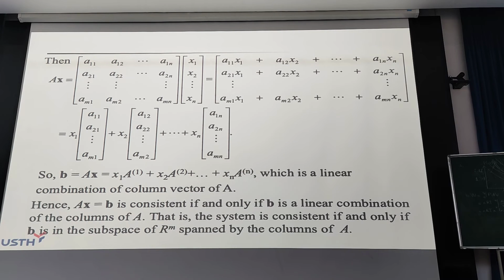It means that B is a linear combination of the column vectors of A, or B belongs to the column space of A. So that is some explanation for you. What you need to remember is that the system of linear equations will be consistent if and only if B lies inside the column space of A, nothing more.